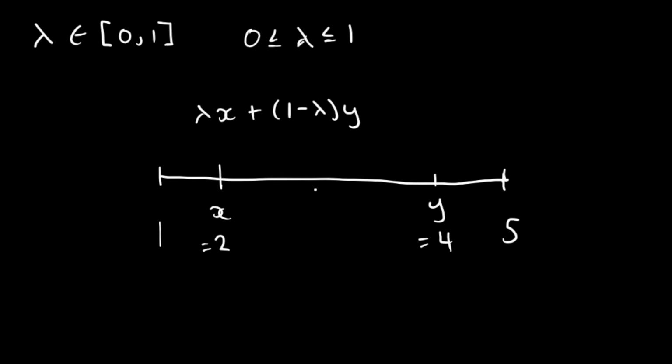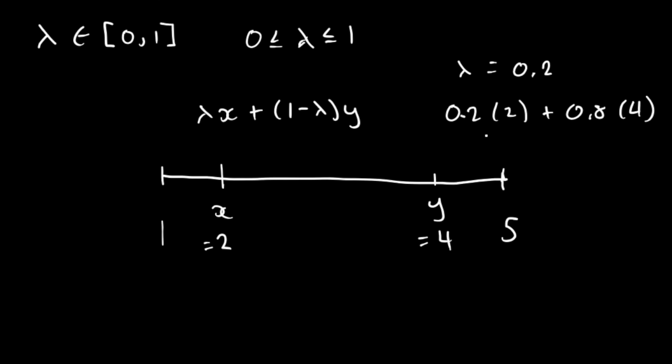So in this case, let's set lambda equal to, say, 0.2. What this means is that when we plug in x equals 2, we're going to have 0.2 multiplied by 2 plus 0.8 multiplied by 4.